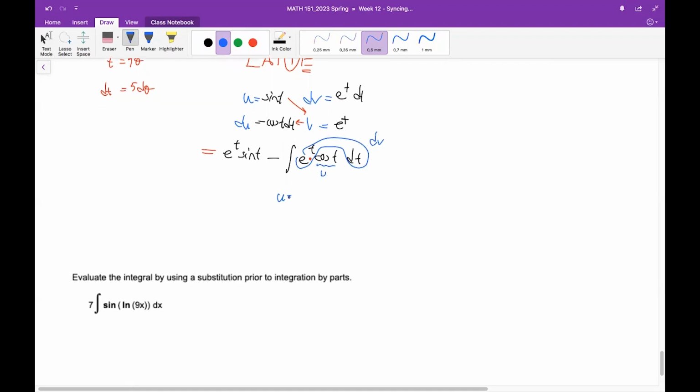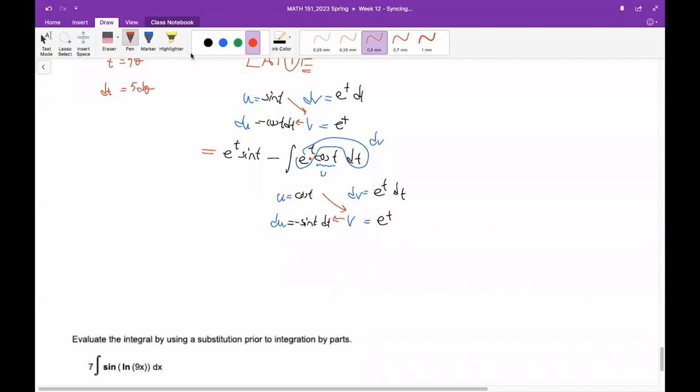Construct your diagram again. U is cosine t, minus sine t dt is du. E to the power t dt is dV. The integral of it is e to the power t. Follow the directions of arrows.